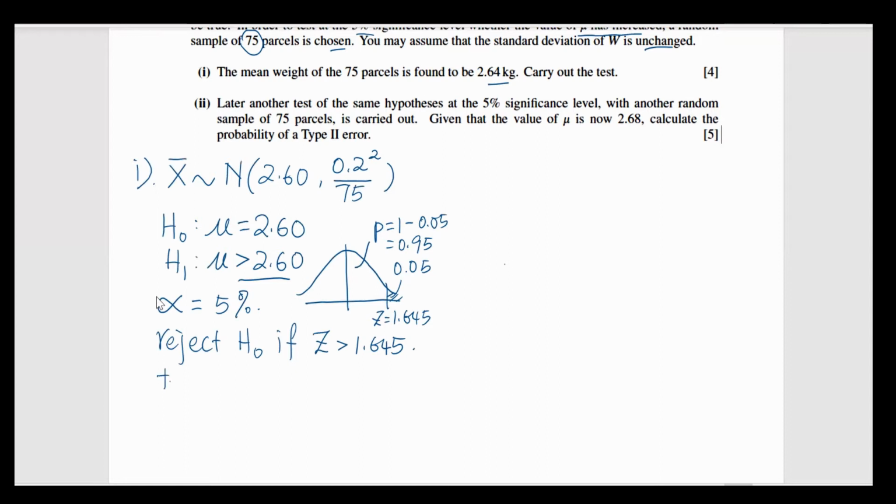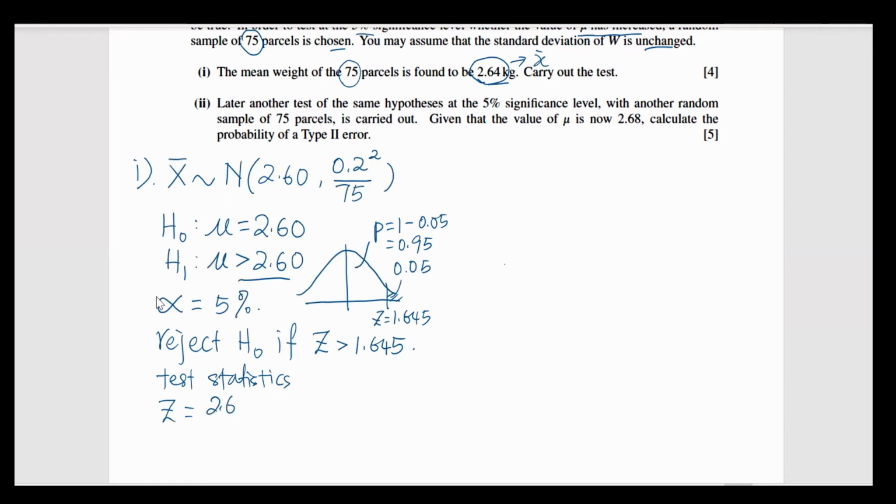So now we are going to calculate the value of the test statistic, which is the z-score. And in this case, refer to part 1, the mean weight of 75 parcels is found to be 2.64. So this is the sample mean because it's obtained from the sample size 75.